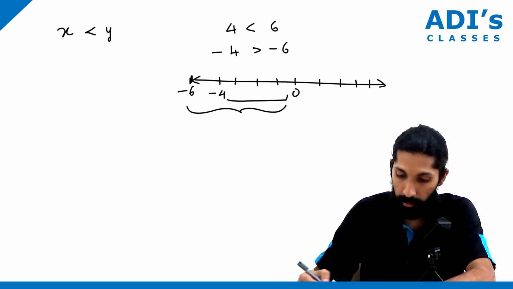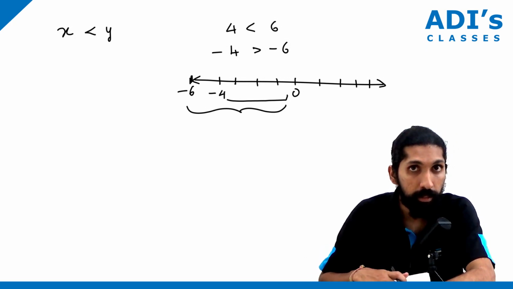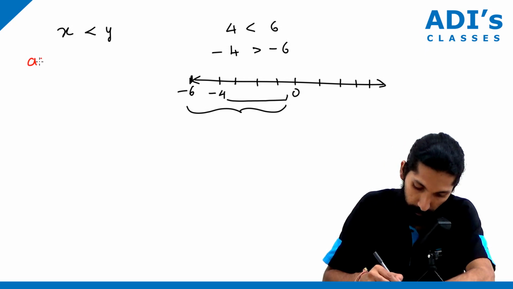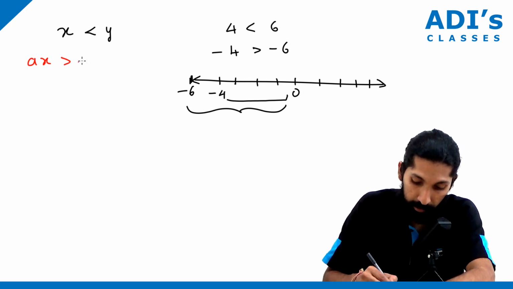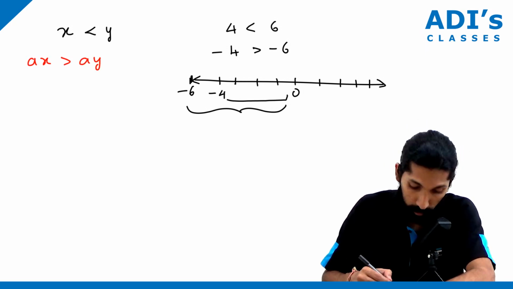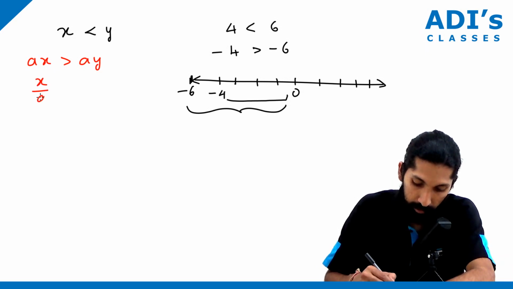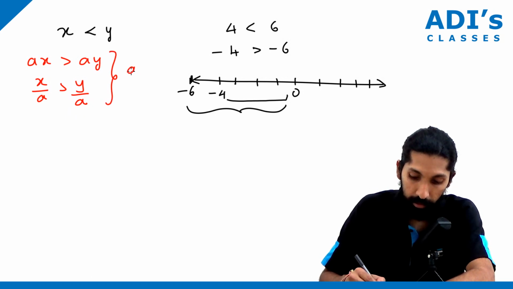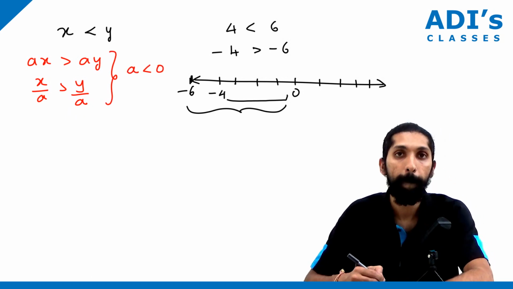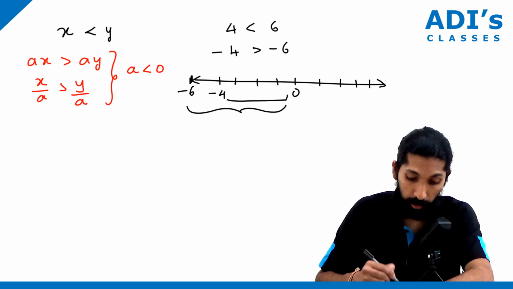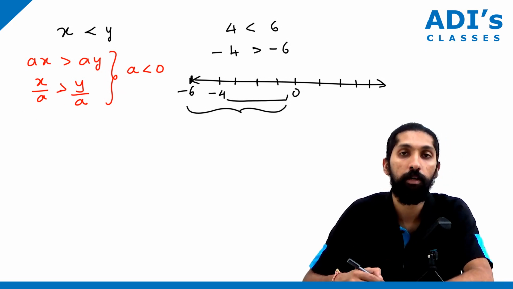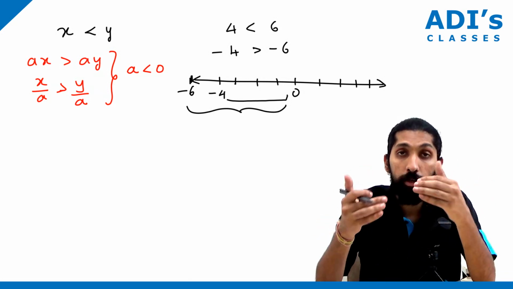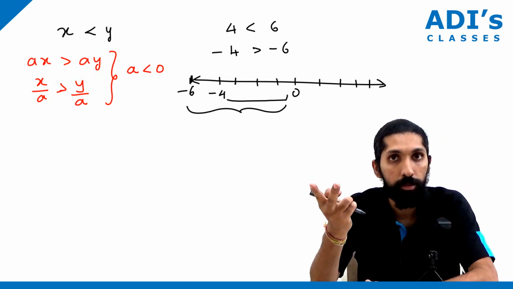In the sense, we can say if x is greater than y, then ax is greater than ay, or x by a is greater than y by a, provided a is less than 0. Fair enough? This is the condition, a very important condition I would say. Because given condition is x less than y, what you are getting is the inequality has reversed.